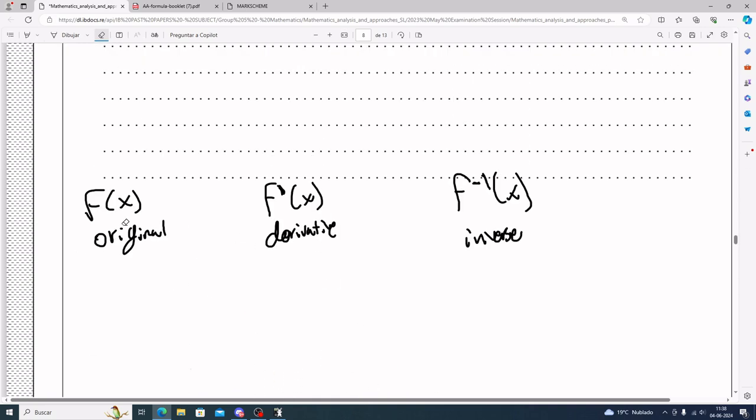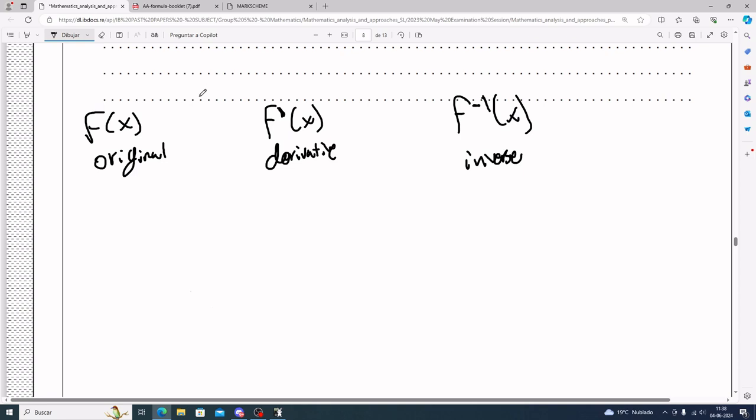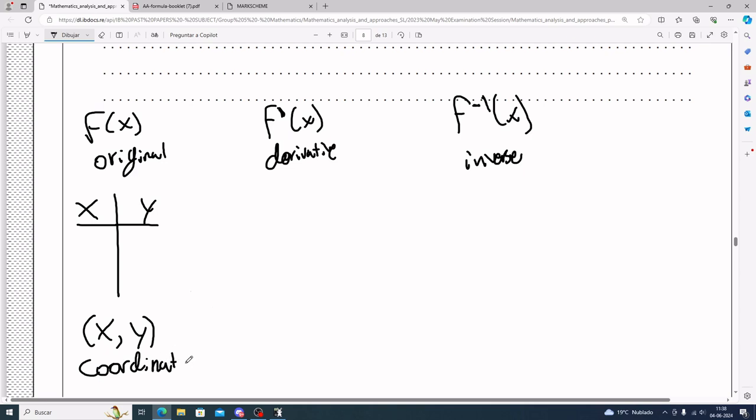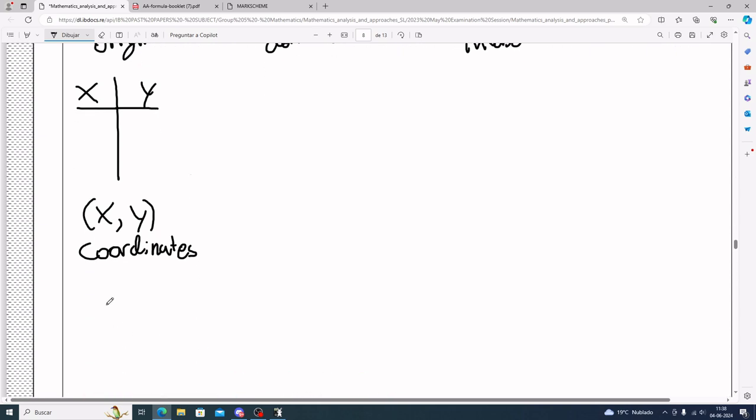The point is, in the original version of your function, if you plug in an x, you're going to get a y. So if you plug in x's and y's into your original function, all you're really getting are x, y coordinates, a bunch of different points.